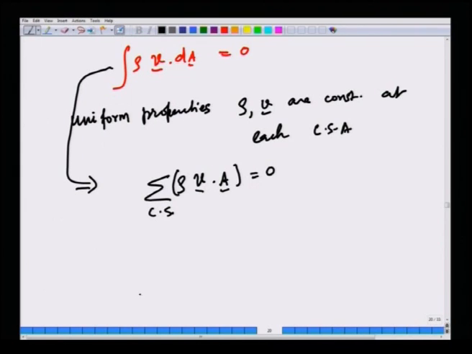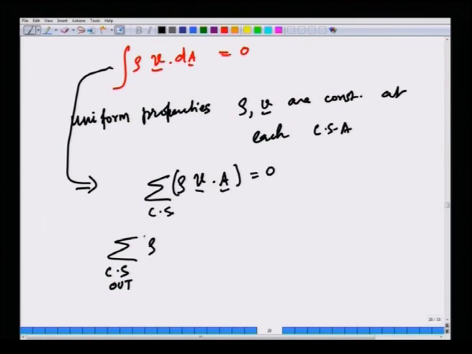So, if you assume uniform velocity at all inlets and outlets, in general the control surfaces split into outlets and inlets.